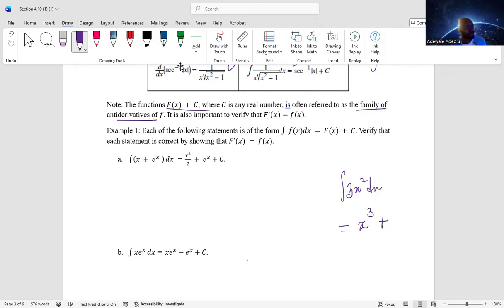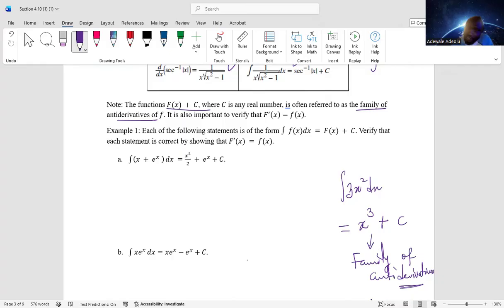But it could be plus 1, it could be plus 2, it could be plus 3. So there are infinitely many of them. So to avoid that situation, we just say plus C, and we call it a family of functions. We say this is a family of antiderivatives.